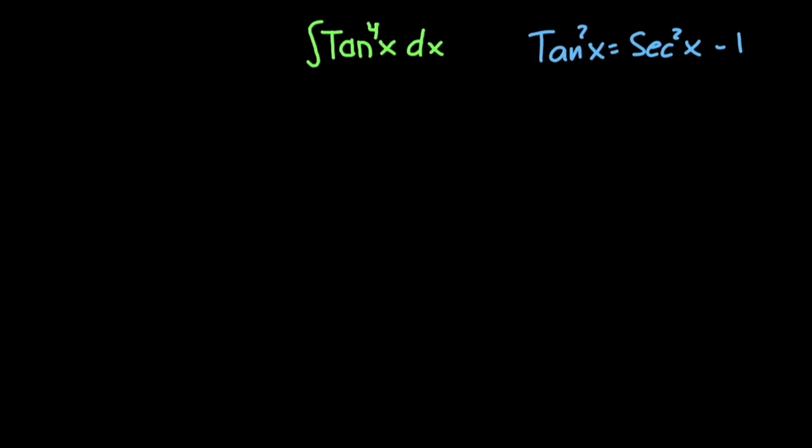Moving on to the integral of tangent to the power 4x. So first, factor out 1 tangent squared x. And transform it according to its identity.